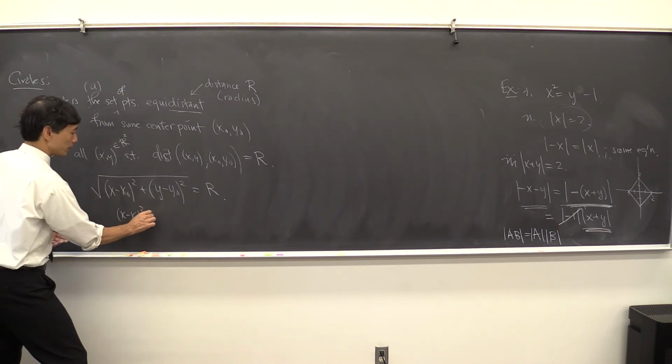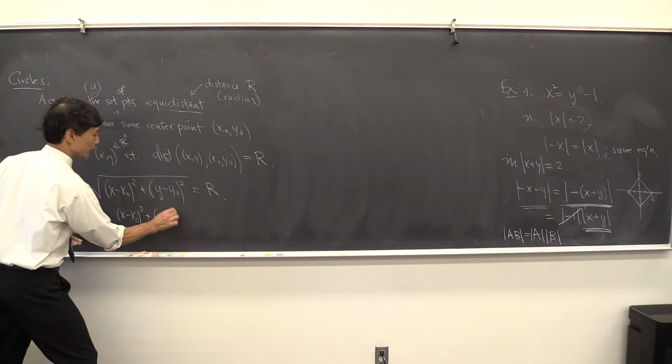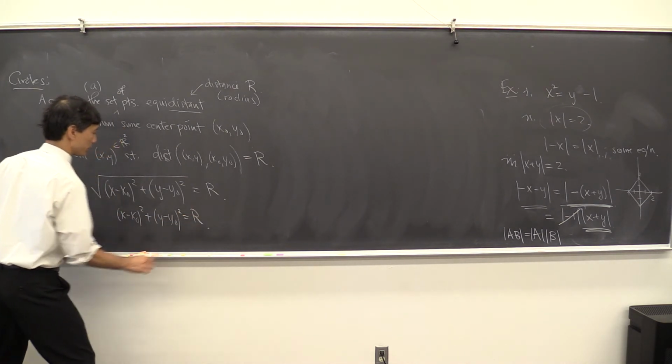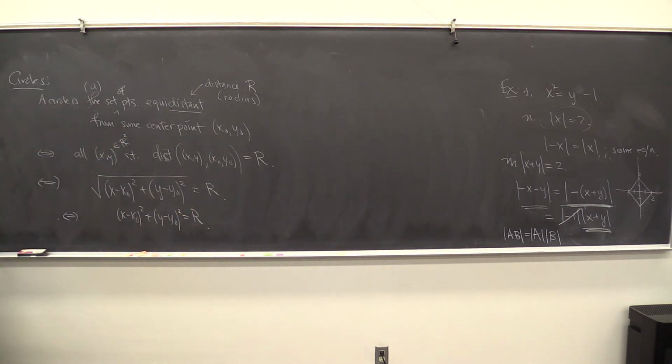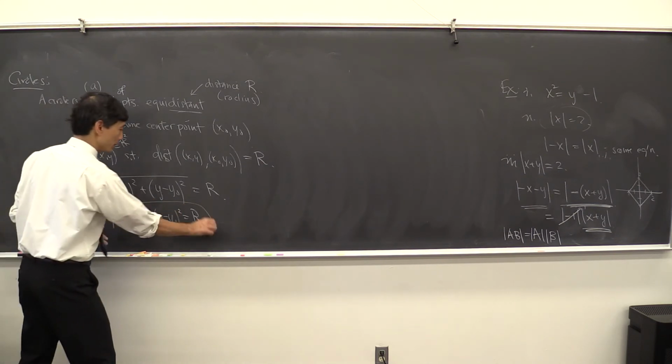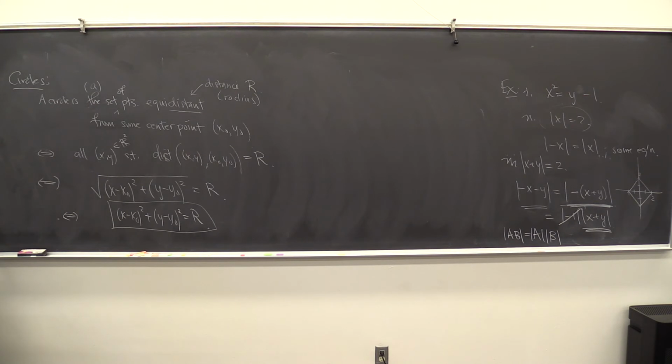We get x minus x naught squared plus y minus y naught squared equals r squared. So this is the formula of the circle that I hope you're familiar with. It's just a mathematical translation of this English definition.